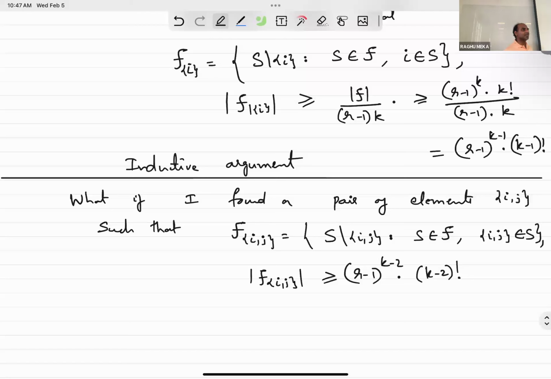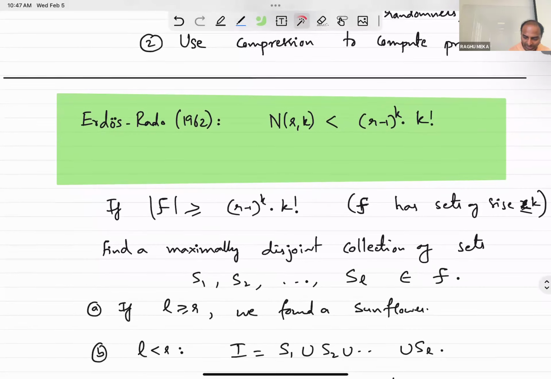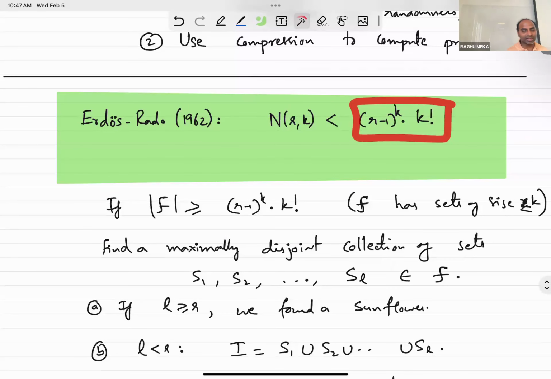would this have also been enough? Suppose I found 2 elements such that taking them out and looking at all sets which contain them, I have a subfamily now, which is still sufficiently big. I can still use induction, right? Because it's the same kind of bound. So when I'm trying to use induction, it's this bound: r minus 1 to the k times k factorial, right? If you're looking at a family where the sets are of size k, then you should look for that.